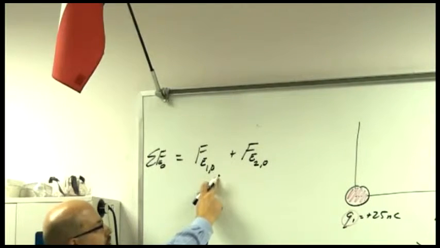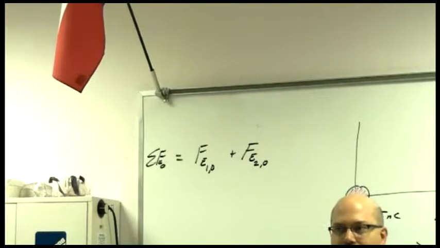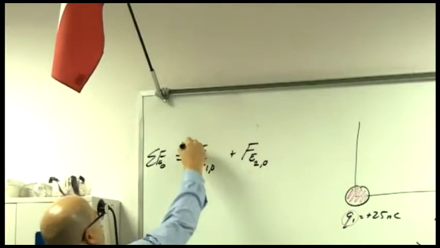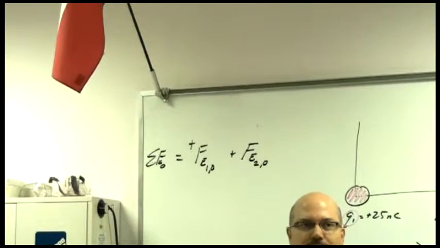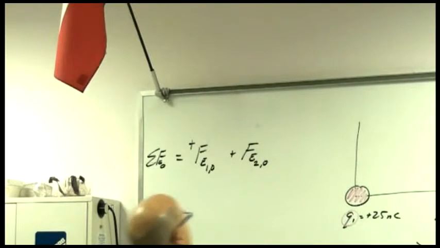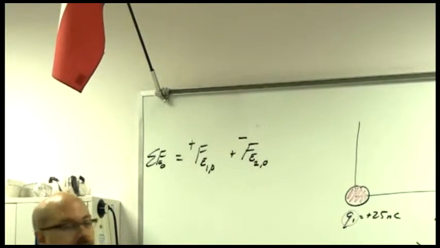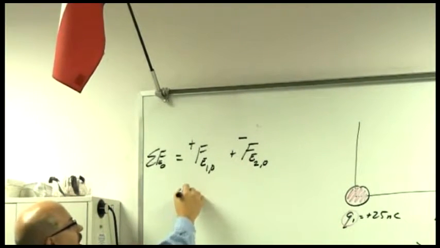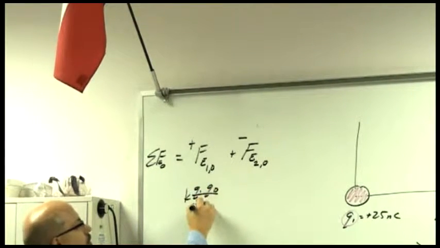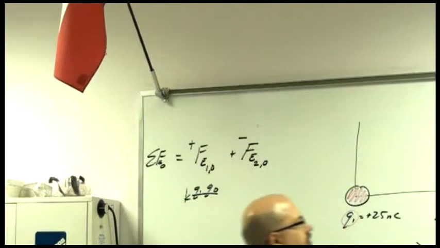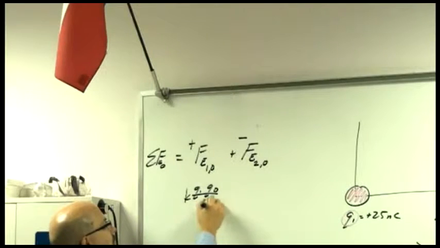From charge 1 on charge 0, we know that one's always going to be to the right. We know the force from charge 2 on charge 0 will always be to the left, in the negative x direction, right? So, I've got K Q1 Q0 over, this distance is going to be a variable, I'm going to call it x squared.